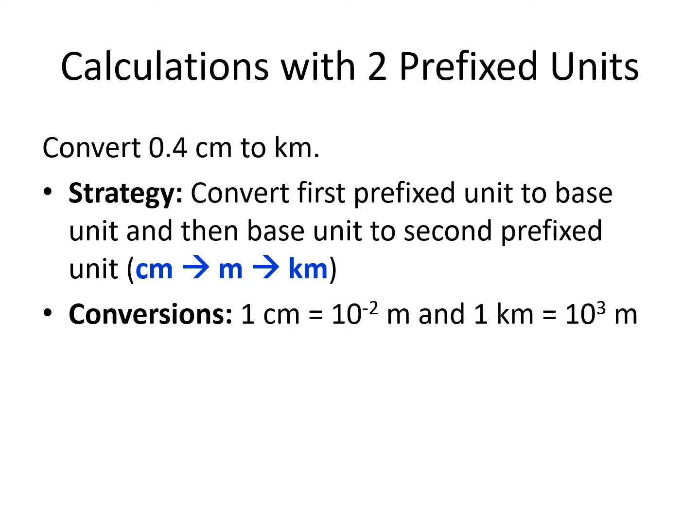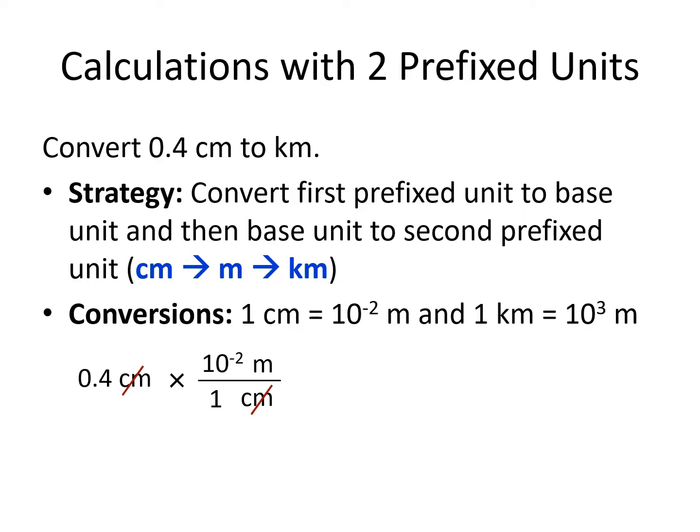If I want to convert 0.4 centimeters to kilometers, I start by writing down the number I'm given, 0.4 centimeters. Then I set up my first conversion factor with centimeters on the bottom to cancel out, and meters on the top, since that is the intermediate I'm going through. I fill in my conversion factor with the numbers from my equality, 1 next to centimeter and 10 to the minus 2 next to meter.